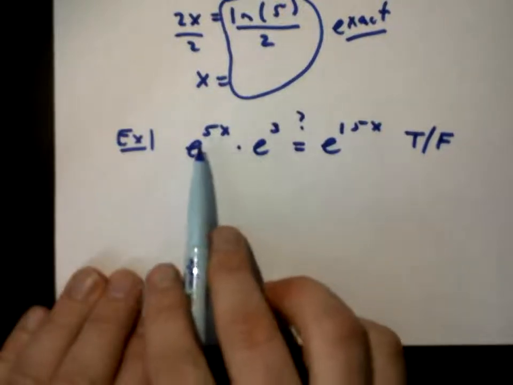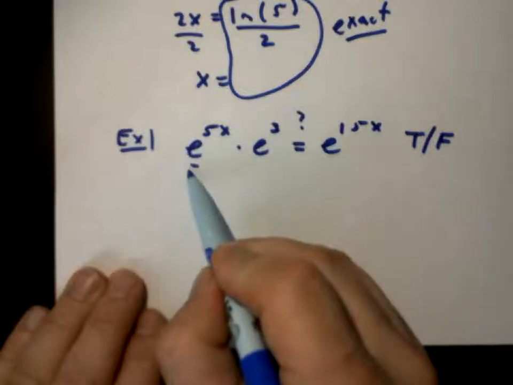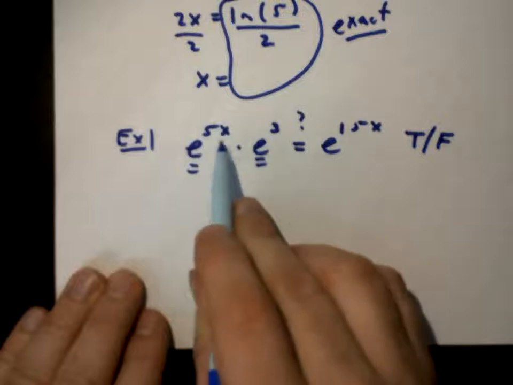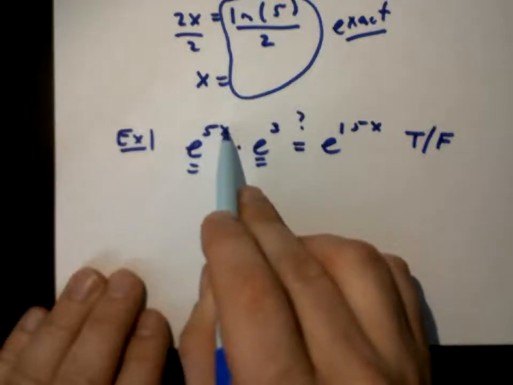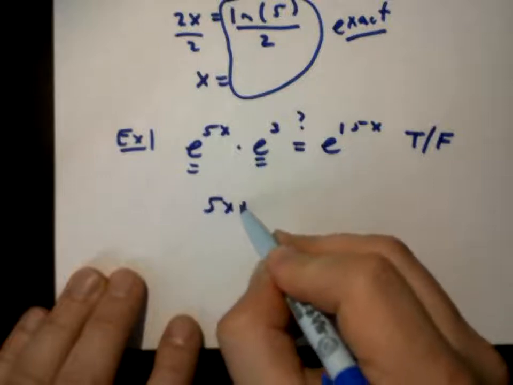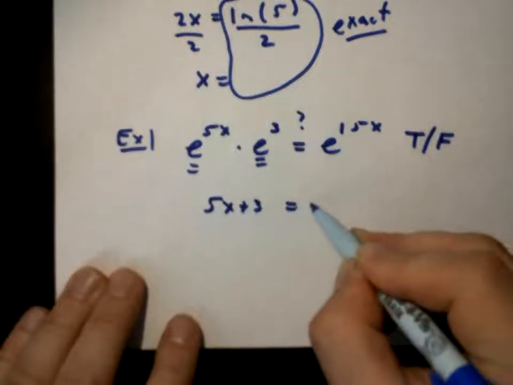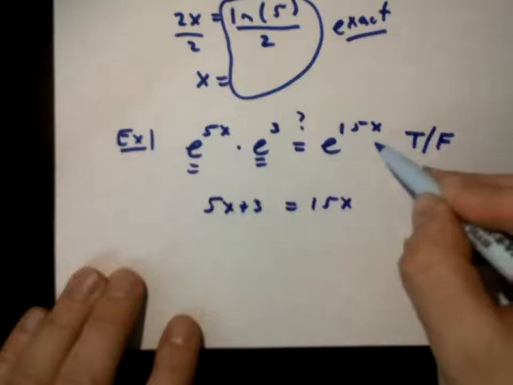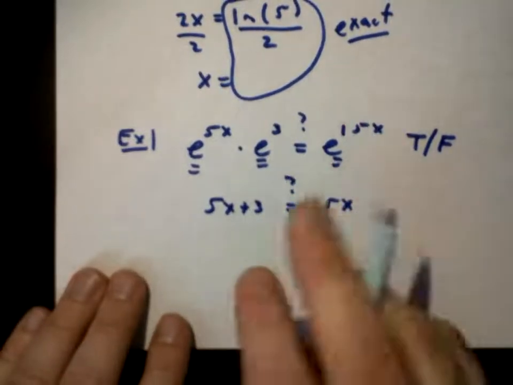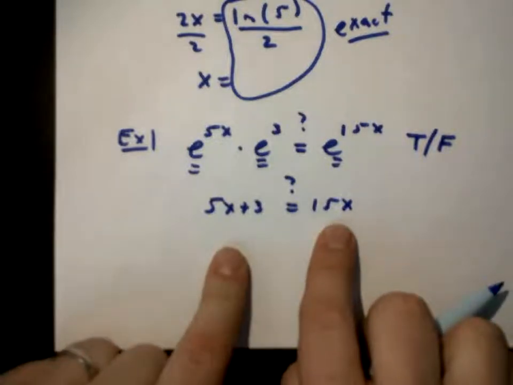So we have the same base. So remember, if you have the same base, what do you do with the exponents when you're multiplying? You're going to add the exponents. So you're going to go 5x plus 3 equals 15x. Remember, these are the same base. Is that true?